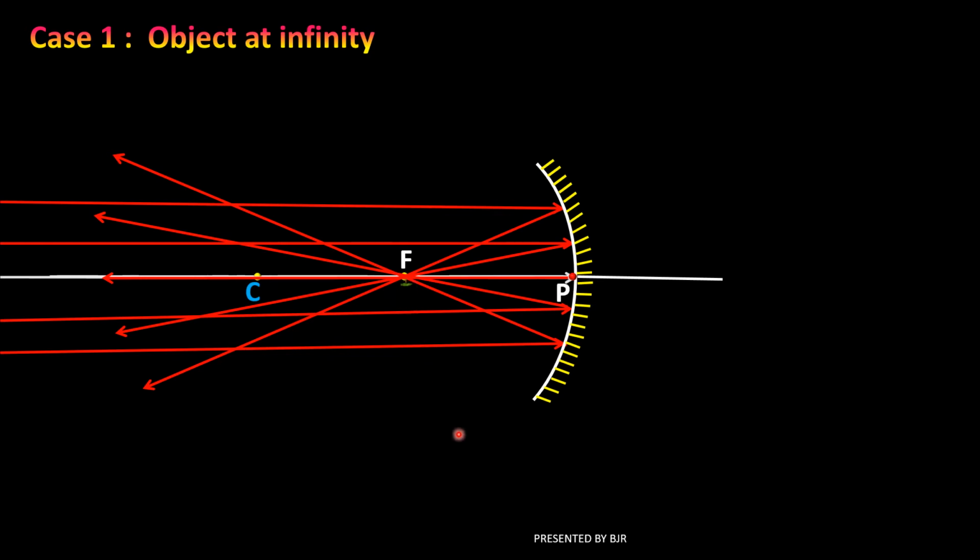You can identify which one is the real image and which one is the virtual image. When the reflected rays cross themselves, when the reflected rays intersect, at that point a real image will be formed. When the reflected rays cross in such a way that they are extended backwards, then a virtual image will be formed.